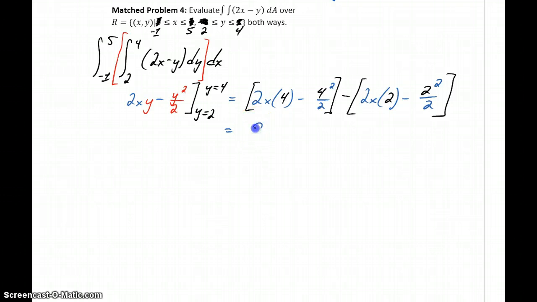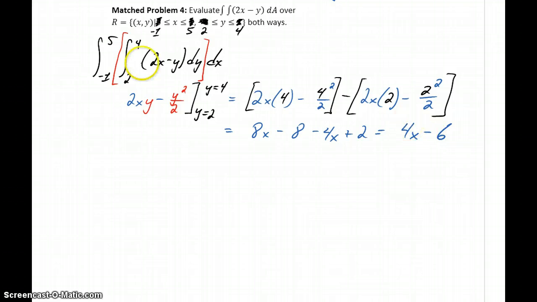So this will give us 8x minus 8 minus 4x plus 2, or 4x minus 6 when we simplify and combine those like terms.